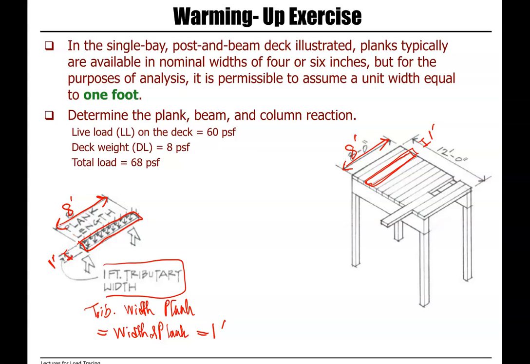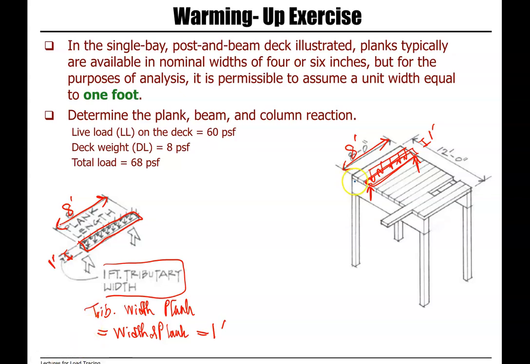The question is asking us to calculate the plank, beam, and column reaction. So we will look at free body diagram of a plank, calculate the load on a plank, and end reactions.